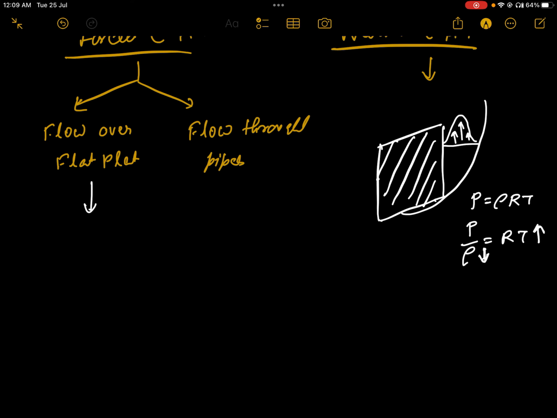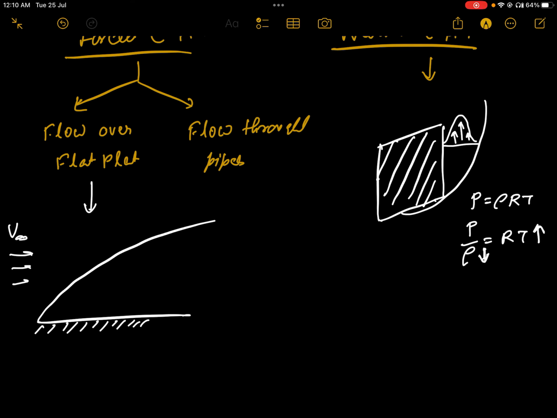If I talk about the flow over flat plate, let's say we have a flat plate and the flow is going over it, let's say V infinity. Then there will be a boundary layer formation. So what is this boundary about? This boundary is denoting that at how much distance x the shear stresses are dominating.